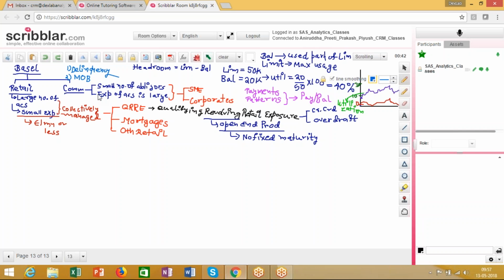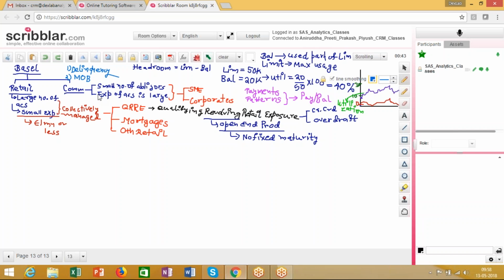Now these two variables again are very important for explaining the overall riskiness of a borrower's behavior. Because when we are developing the Basel models, we are not developing any acquisition type of model.